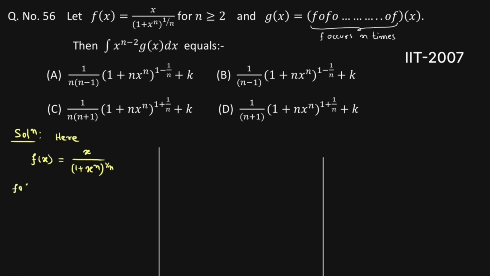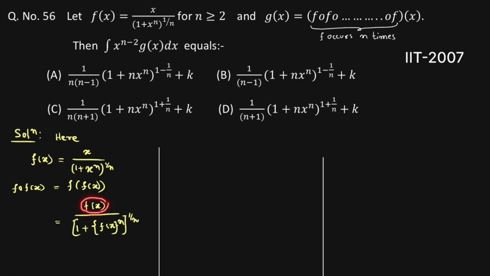Which we are able to write f of f of x is equal to f of x divided by (1 plus f of x to power n) whole to power 1 by n.